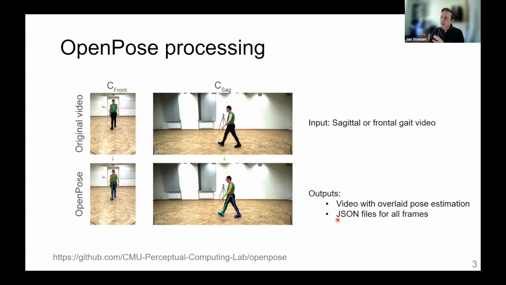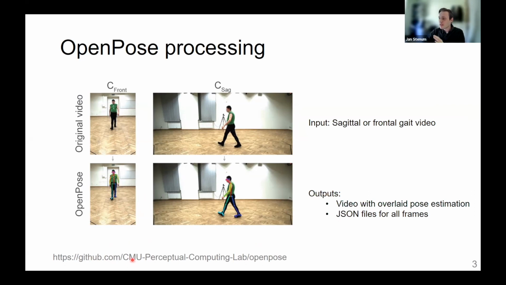These JSON files contain the XY coordinates of the various key points, and there is one file for each of the frames. For more detailed information about how to run OpenPose, you can refer to the GitHub repository of the team that developed OpenPose out of Carnegie Mellon University.